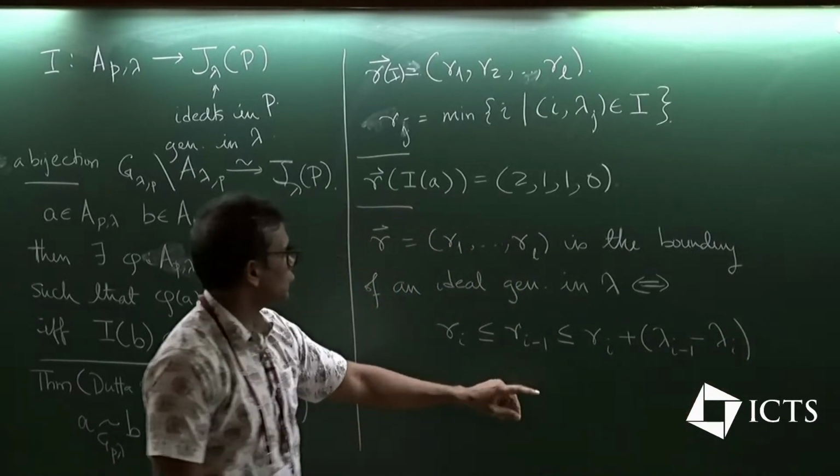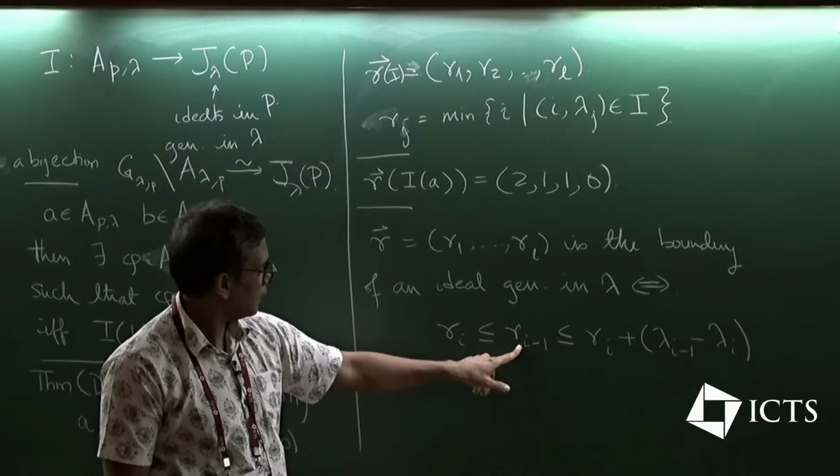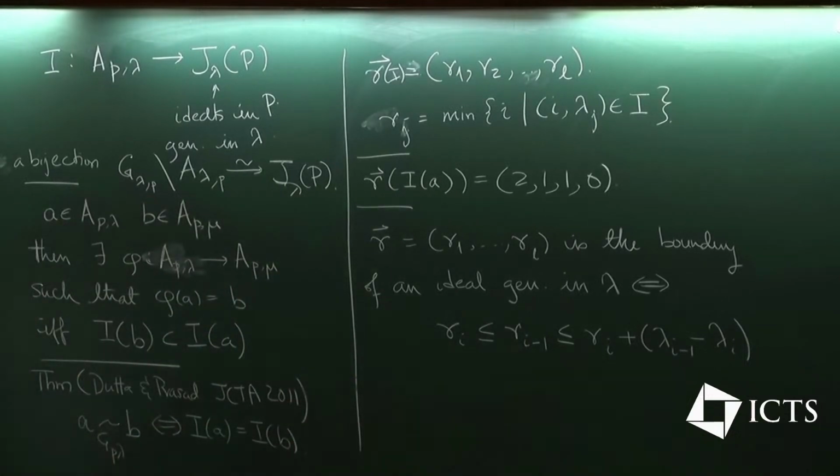These are the extreme cases. You're starting from some point here in the fundamental poset, and say you're jumping to this column here. Either this valuation remains constant, which is the lowest possible value.